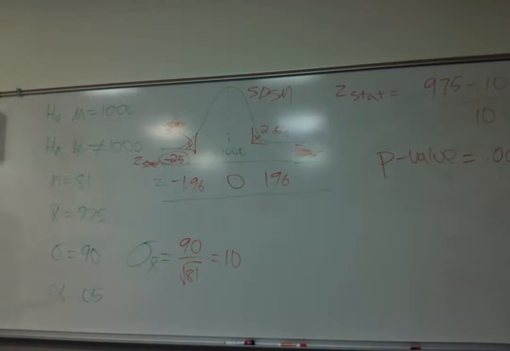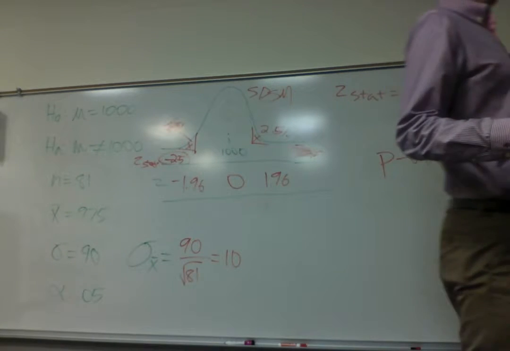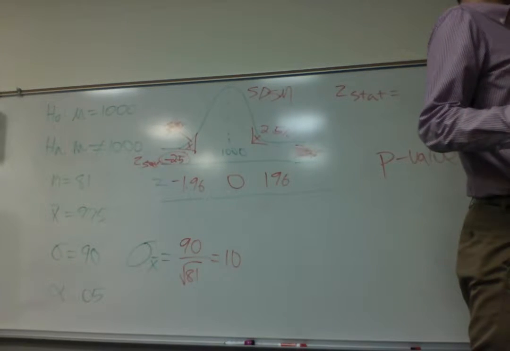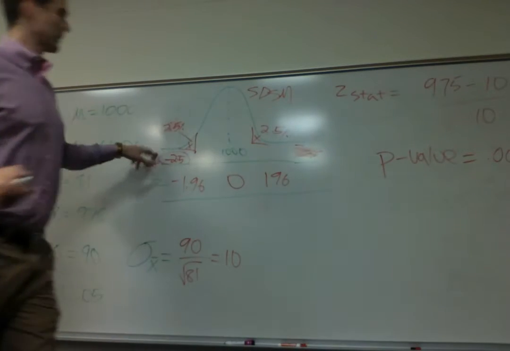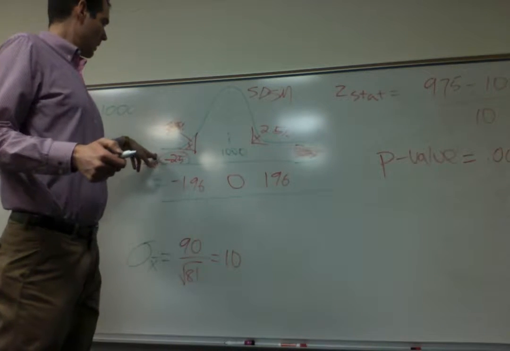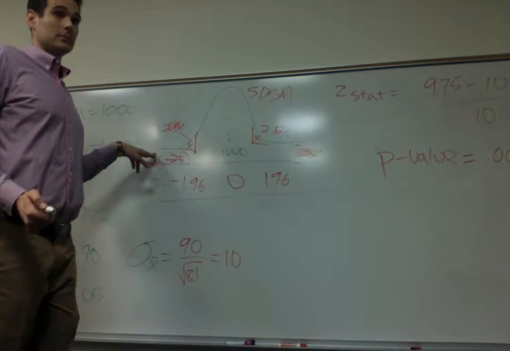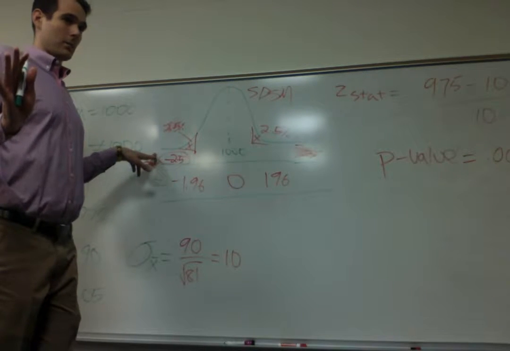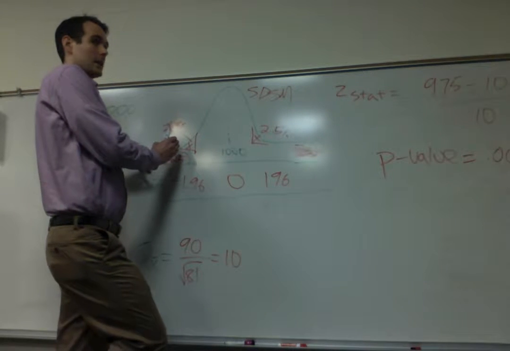Okay, so we wanted to know how likely it would be to get a test statistic of negative 2.5. We know that's in a very extreme edge of the normal distribution. We also know that it's less than 2.5% likely. But that's all we know right now. So we want to know exactly how unlikely it is.